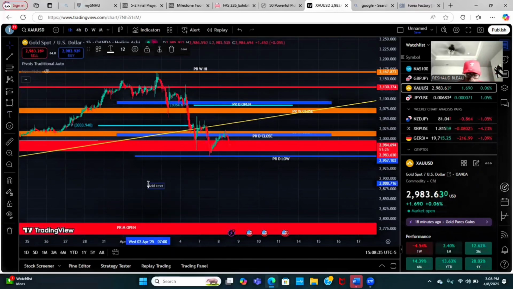Now, if you want to pre-jump it, you can put a stop loss here, enter down here, and sell. But I'm looking for that candle.